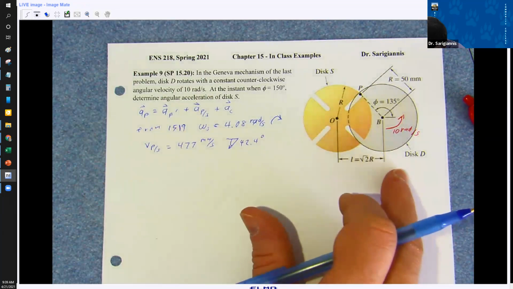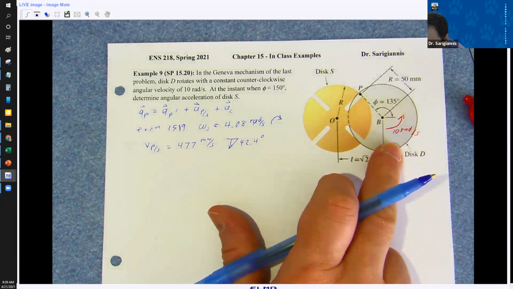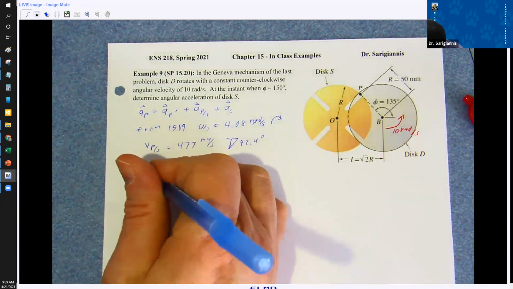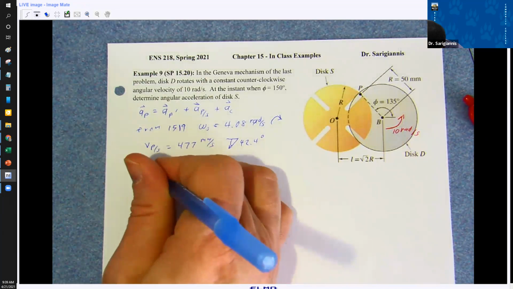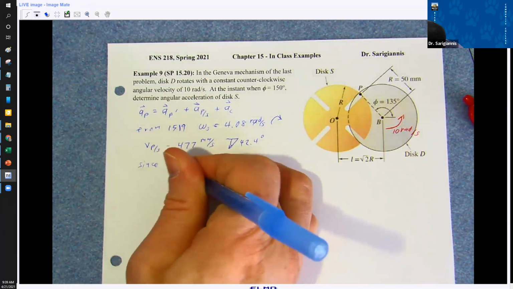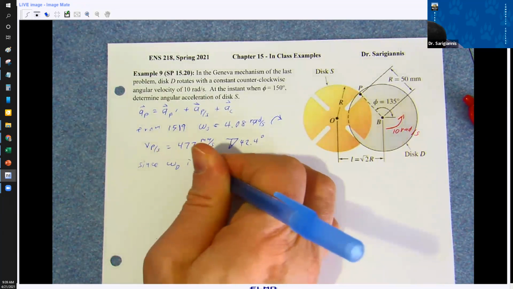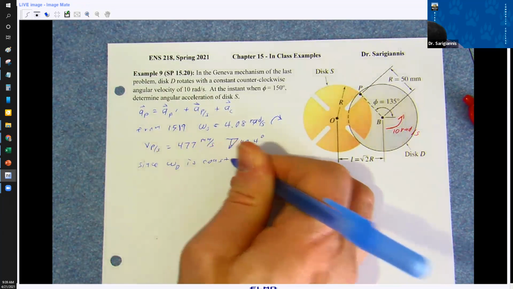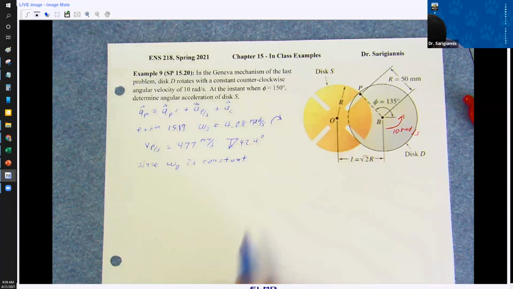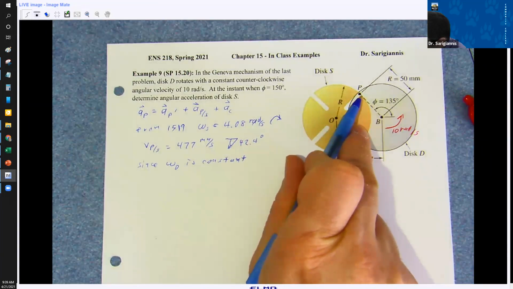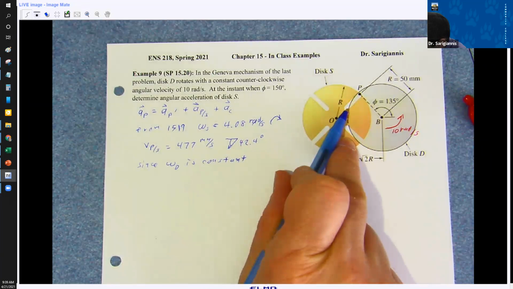Omega D is constant, right? Let me write out A of P here. Since omega D is constant, you have no tangential acceleration, right?